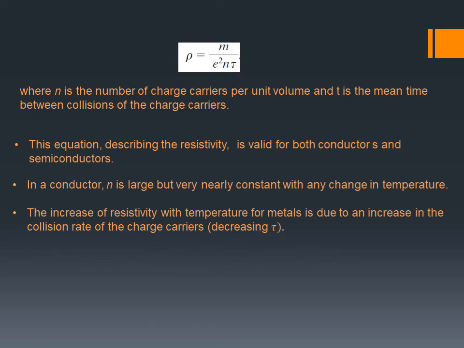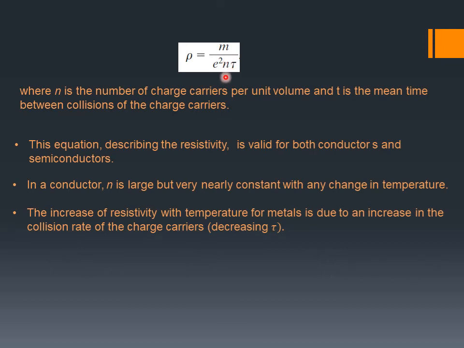It means more electrons are colliding with the atoms, and thus t decreases, because t is the average time between two collisions. If collisions are occurring sooner, in less time, then t decreases.